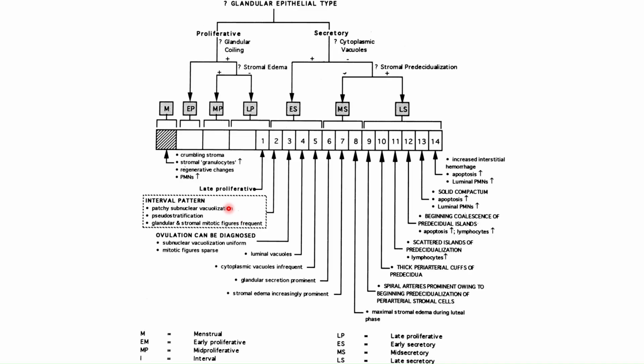And interval phase where you find both the change like proliferative change as well as secretory change, in the form of glands show pseudostratification in some part and some part show patchy subnuclear vacuolization, and glandular and stromal mitotic figures are fixed. So, you will identify exact phase by looking at stroma, gland, and vacuolar changes in the gland.